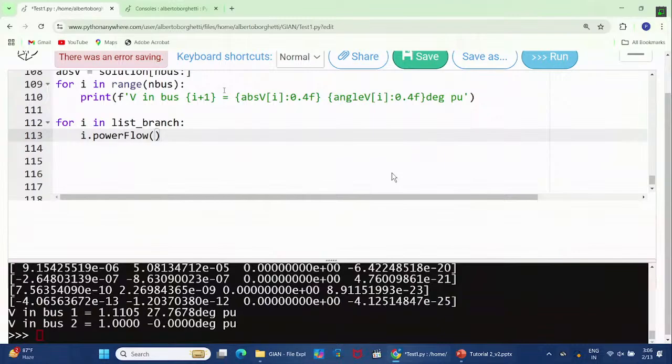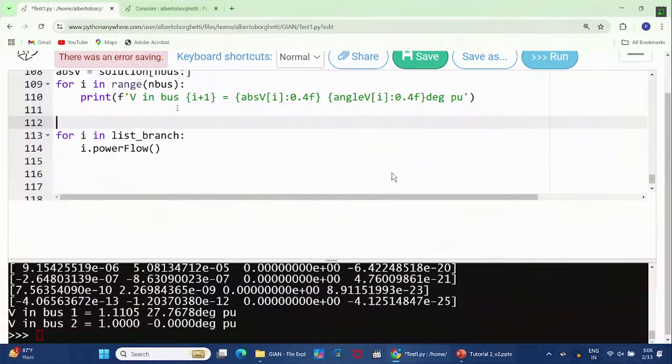So for us the voltages are... In order to be more sure, we can define an array for the voltage in which we can store all the things.